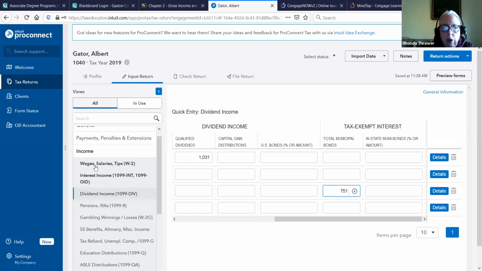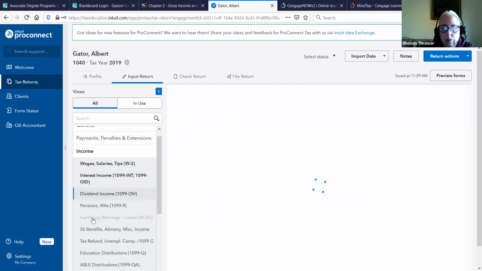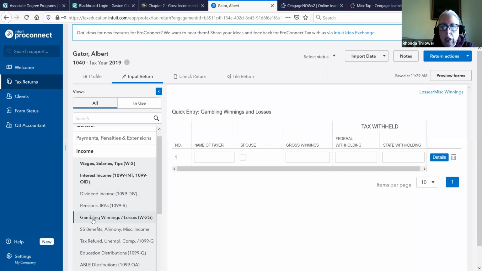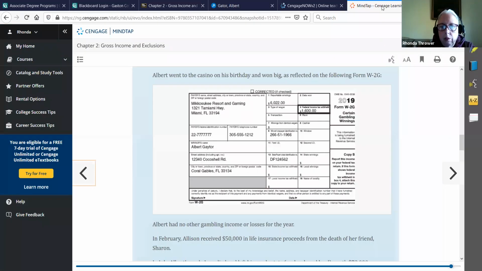So we're going to go back to ProConnect, and I'm going to look through my drop down box that's under income, and I'm going to look for gambling winnings. And he was gambling with the, I don't know how you say that name, but it's Resort and Gaming.